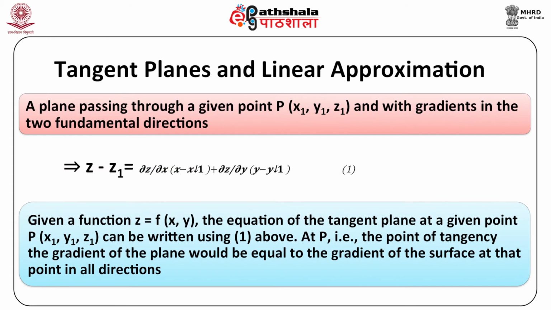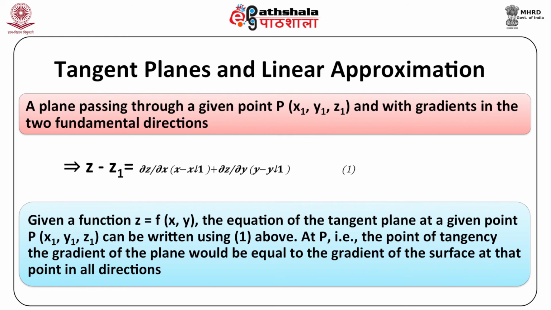Thus, a plane passing through a given point P(x1, y1, z1) and with gradients in the two fundamental directions can be written as z minus z1 is equal to zx (x minus x1) plus zy (y minus y1), equation 1. Given a function z is equal to f(x, y), the equation of the tangent plane at a given point P(x1, y1, z1) can be written using equation 1 above.